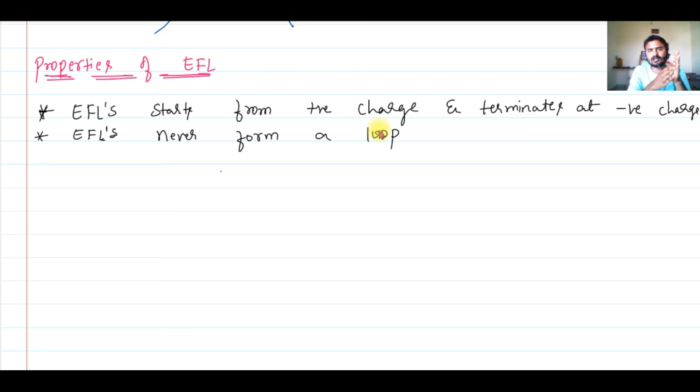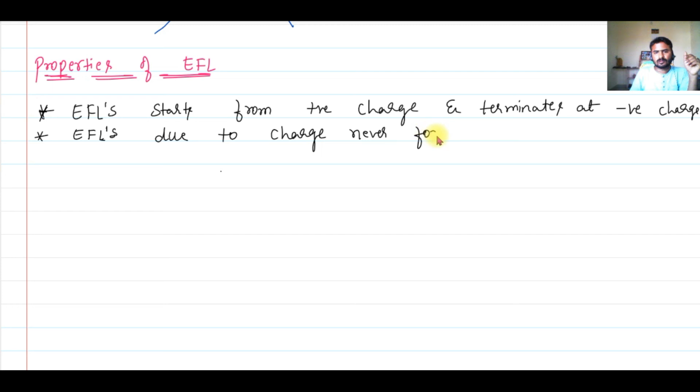That you will study in another chapter called moving charges and magnetism. But for timing I'll add also that electrical field lines due to charge never form a loop. Okay, that is your second property.